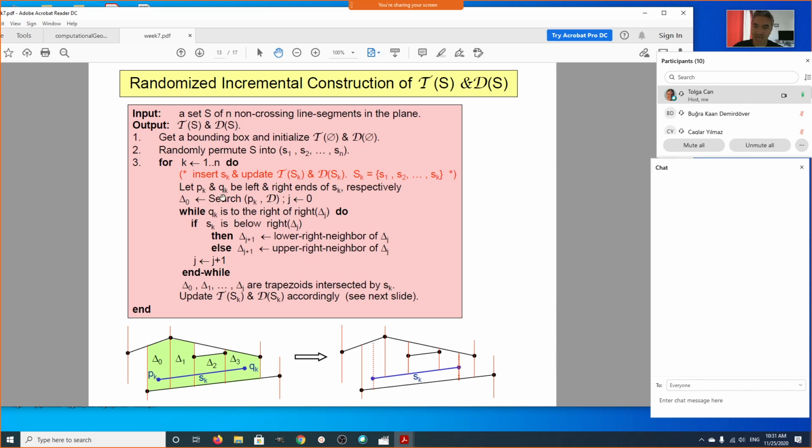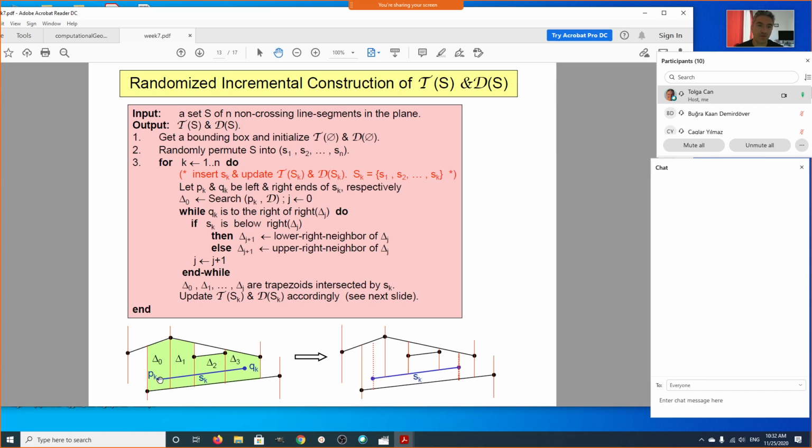So let Pk and Qk be the left and right endpoints of segment Sk. What we do is we find the trapezoid that Pk is in. We call that trapezoid delta 0. Since we have a search structure at this moment, Pk is like a point query.